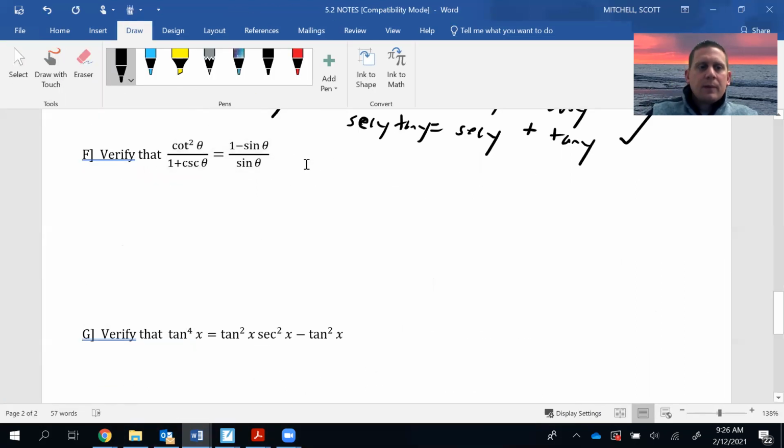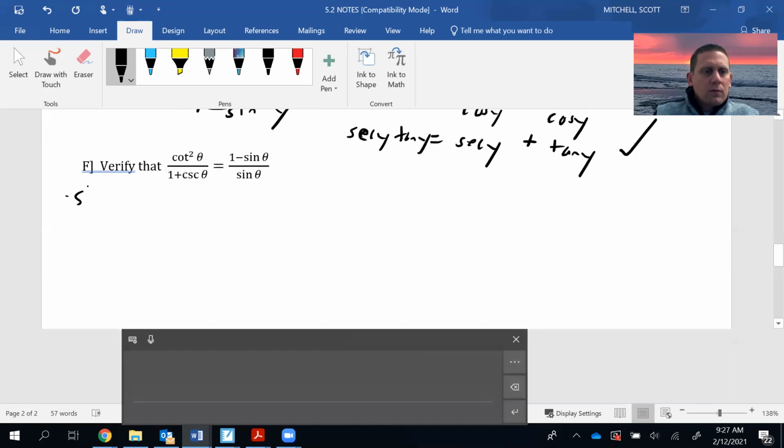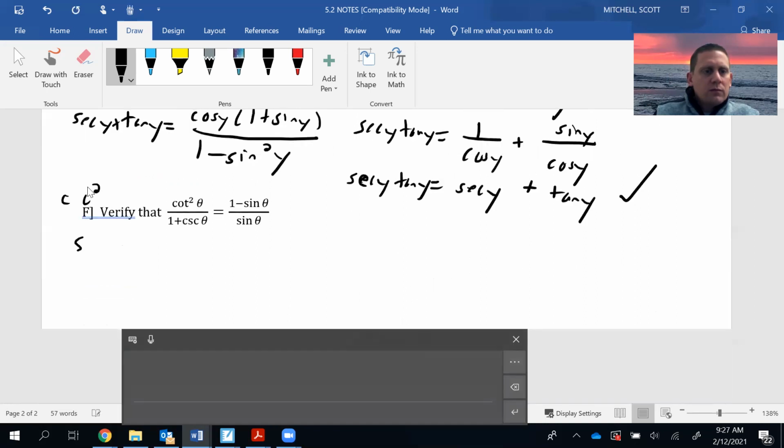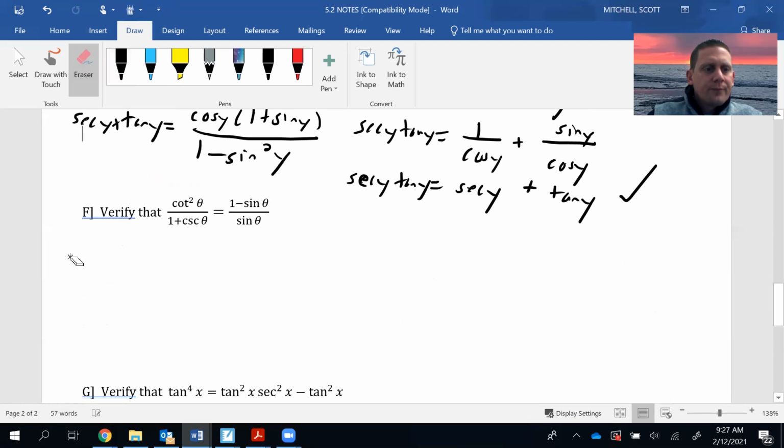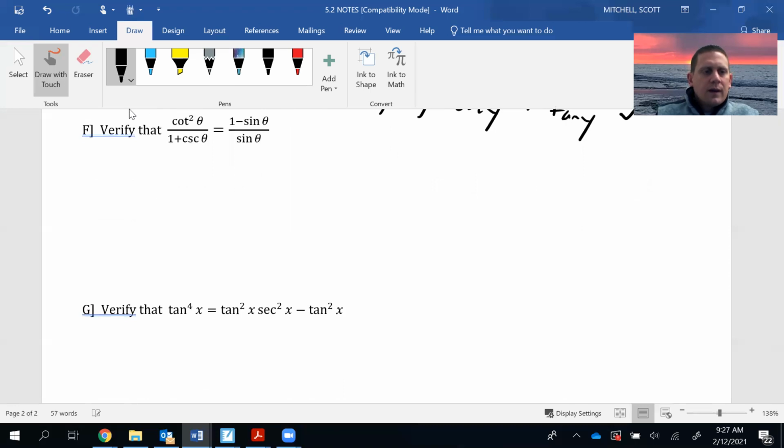So the top is cosecant squared. The top is cosecant squared minus 1 over 1 plus cosecant.